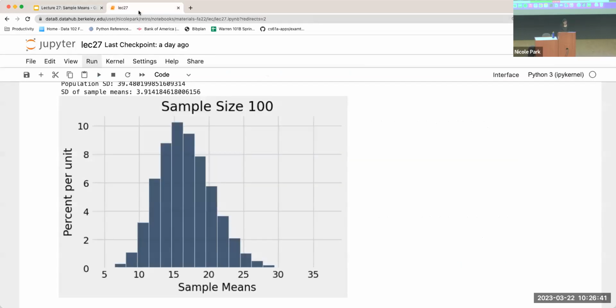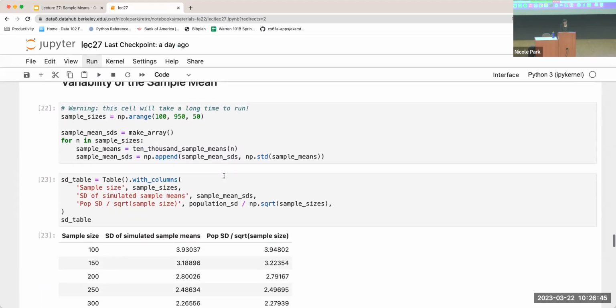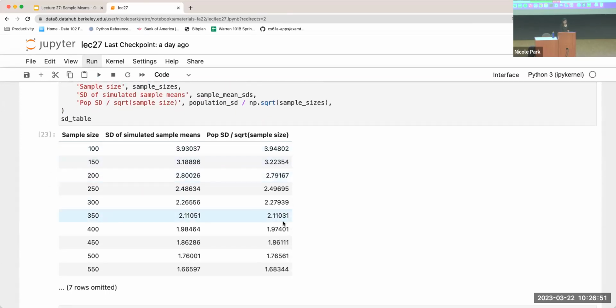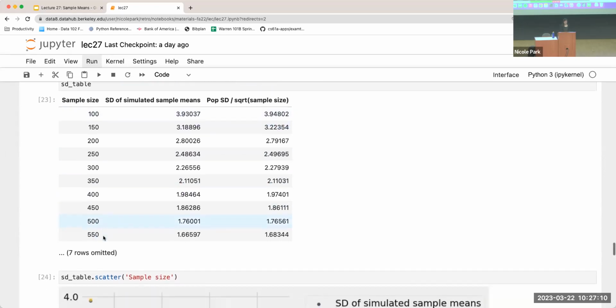Going back to the demo. So the variability of sample means. Let's say that I have different sample sizes. We kind of went over this, but here I have a table of all of these different sample sizes, the standard deviation of these simulated sample means, and then the equation that I would use to find the sample means average. You'll see here that the standard deviation of the simulated sample means is very slightly different from when I use the equation to find the sample averages, for the different sample sizes as well.